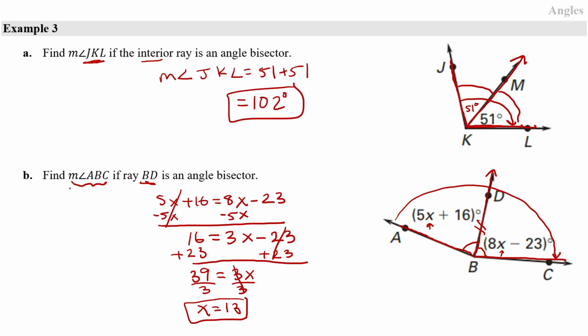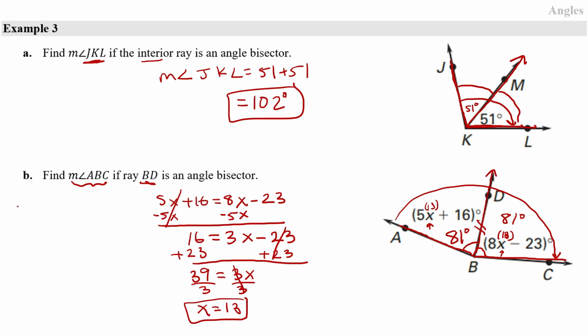When I plug in 13 here, I multiply 5 times 13, which is 65, and then add 16, and that tells me that this angle is 81 degrees. Now if I also plug in 13 here, it also has to give me 81. Go ahead and check it if you need to. But it has to be the same because it's an angle bisector.